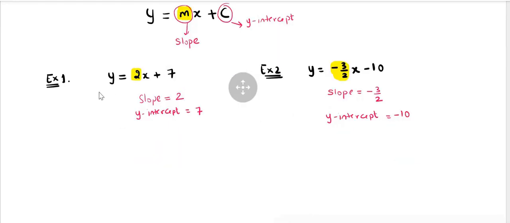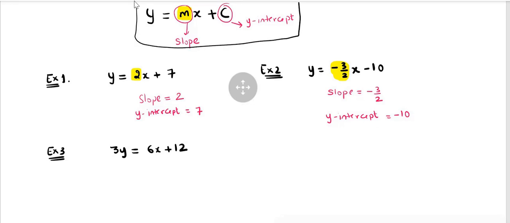It is not always necessary that your equation of line is expressed in the same form. For instance, if you have the equation of line given as 3y equal to 6x plus 12, then to find the slope and y-intercept, first we need to convert it into the standard form.